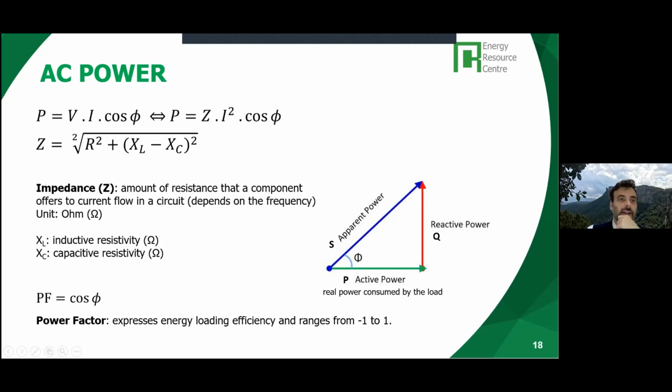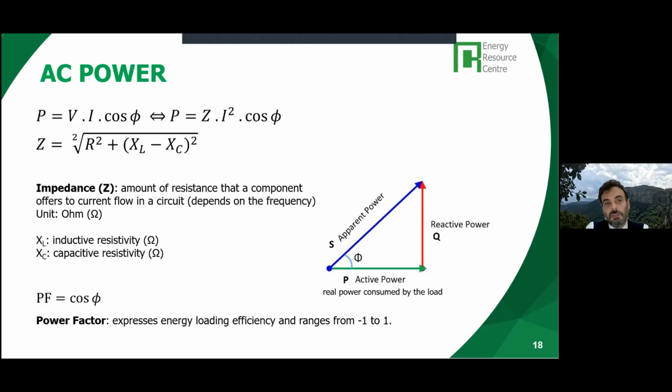As opposed to DC power, if you remember Watt's law, because of the change in direction and magnitude of voltage, in the power consideration of an AC circuit we need to factor in this changeability of the voltage wave.